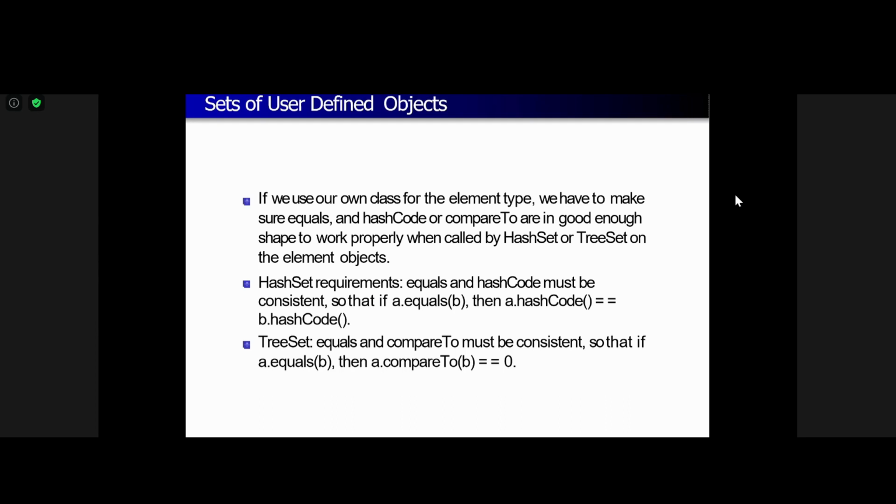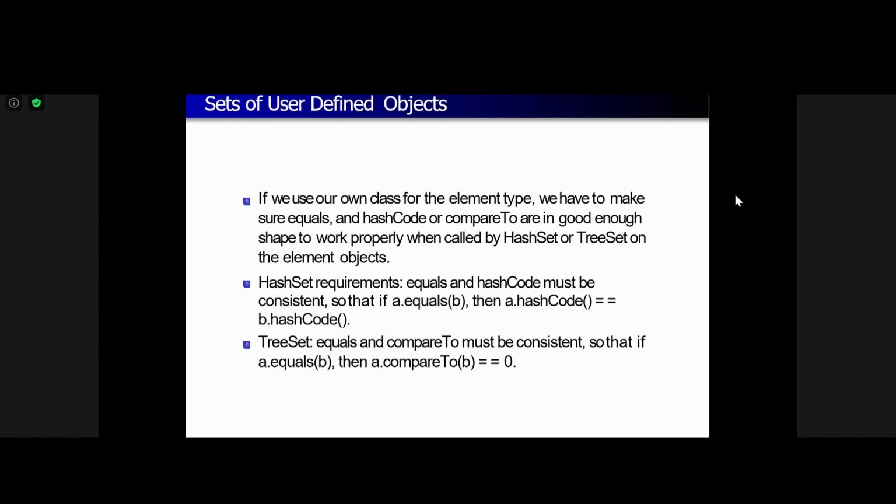Well, in that case, we have some responsibilities. We have to make sure that the methods that the implementation is going to actually use to run its show are in a consistent state. The two implementations have different requirements. The hash set says that equals and hash code must be consistent.